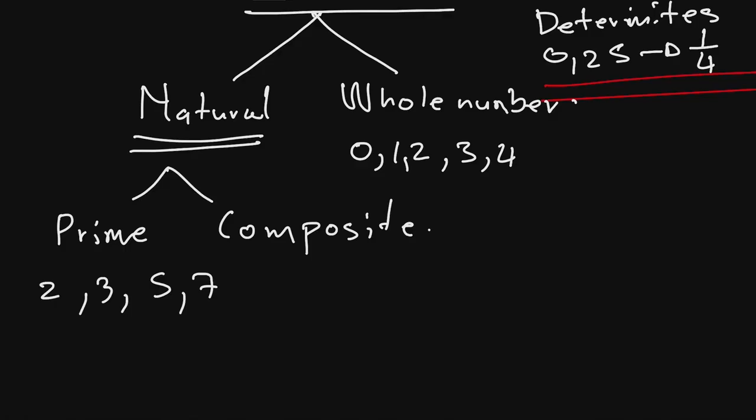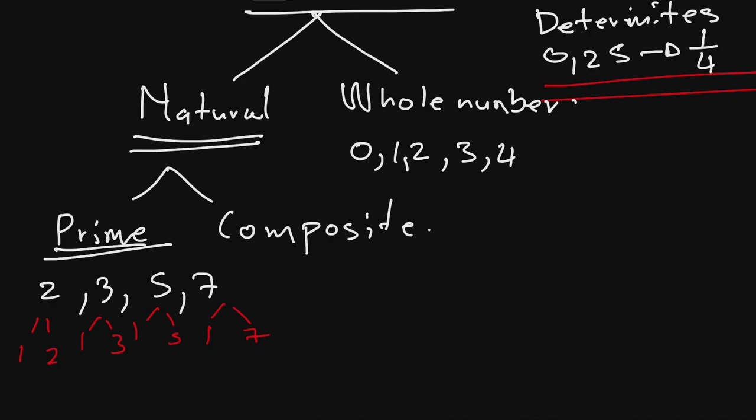If you look for the factors of 2, you will find the factors are just 1 and 2. The factors of 3 are 1 and 3. For 5, 1 and 5. For 7, 1 and 7. There are no other factors. So if a number can only be divided by 1 and itself, it is called a prime number.